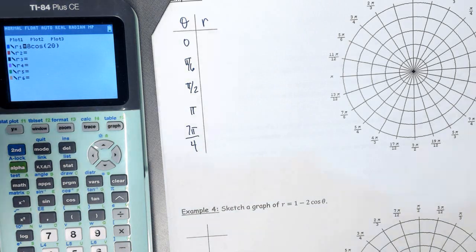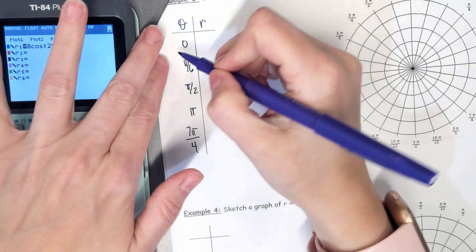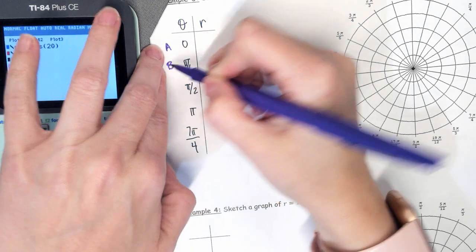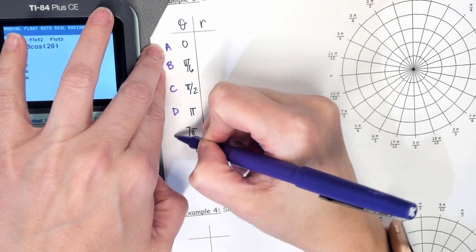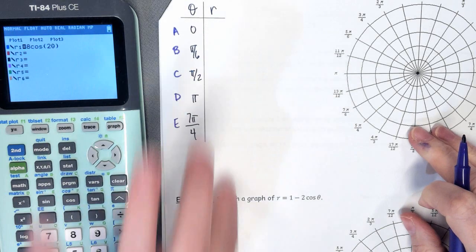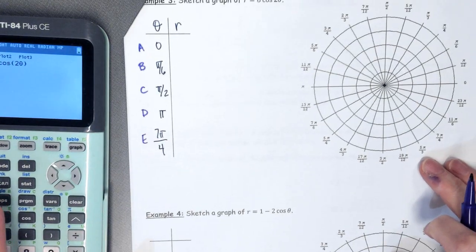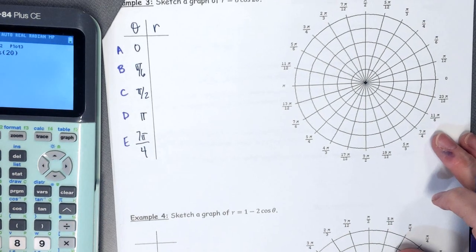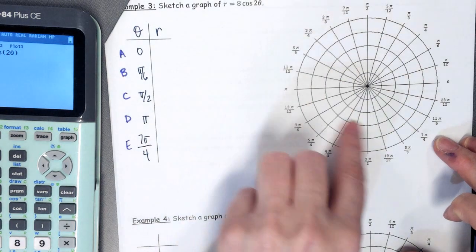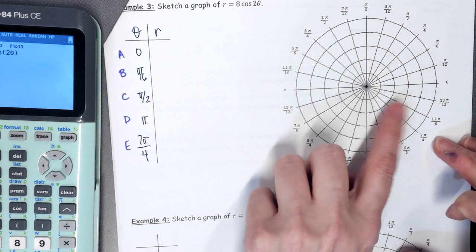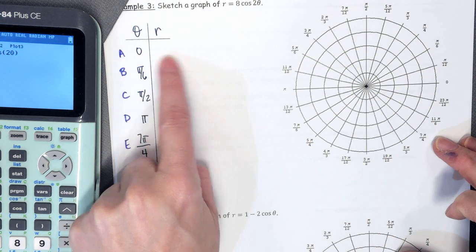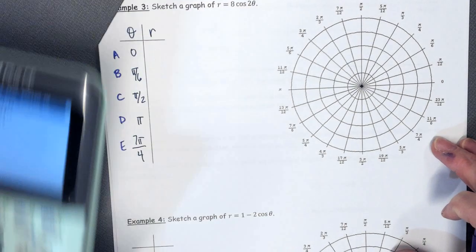So sometimes what I'll do is I'll just have you label A, B, C, D, and E to make sure that you know how to label those points instead of just using your pattern. Okay, so like I said, some of you have already graphed that, that's fine. I want you to label these values, the A, B, C, D, E.